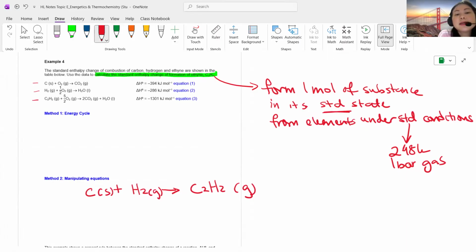Carbon is solid. Okay, balancing the equation, I need 2 carbon. 2C plus H2 give me C2H2. So this is enthalpy change of formation, where I form 1 mole of C2H2 from its elements, right? So this is the equation in green. Okay, it's the same as the previous question, just that in this question, the equation in green is not given. And my job is to find the delta H of this reaction.